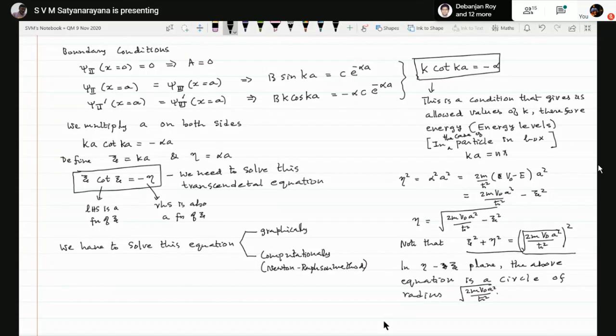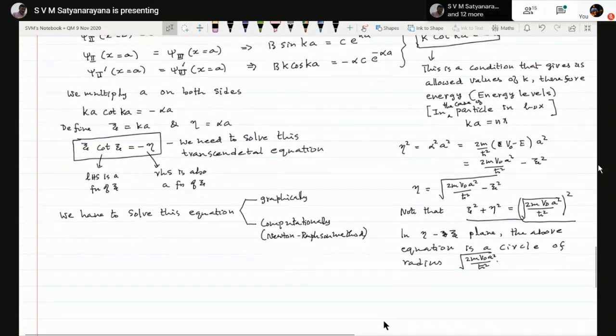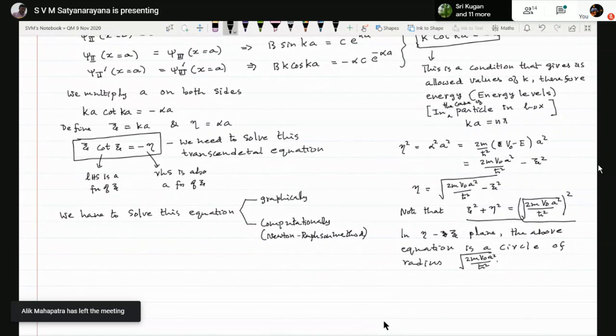These are the two methods in which one can solve this equation. But let me try to solve it graphically, or at least present how to solve it.